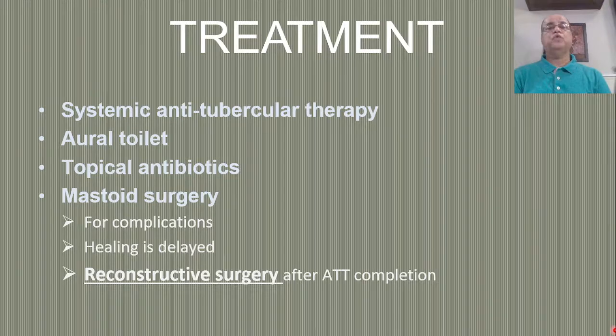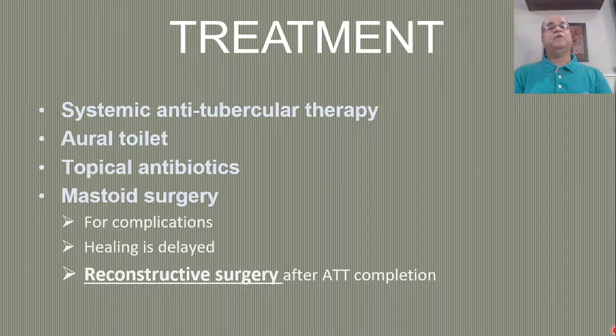Sometimes we may have to go for only cortical mastoidectomy, especially in children, and in adults we may have to think about modified radical mastoidectomy. If bone has been eroded and sequestra of the bone are there, we have to remove all that dead bone. Or if complications already have occurred, of course we have to think about the modified radical mastoidectomy.